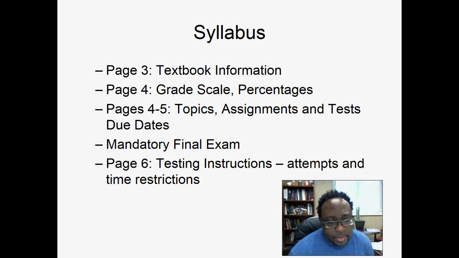Page 4, the grading scale, what each assignment would be worth in terms of the homework, the quizzes, and the exams. Pages 4 and 5, just the basic topics for this course, the sections that we will cover, the assignments and their due dates. Now, when you see the assignments and the due dates there on page 5, I'm listing dates, but those dates are simply the deadline dates.